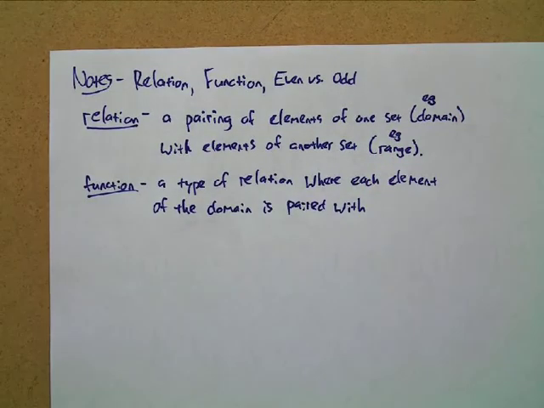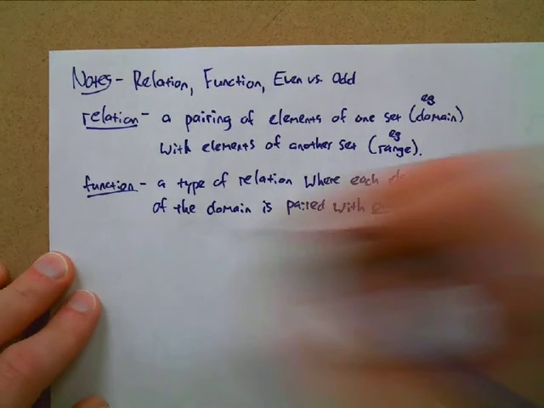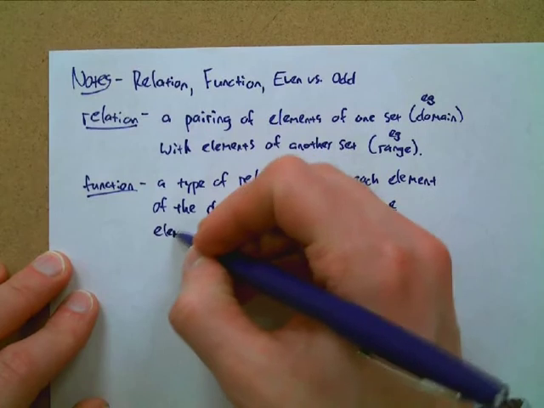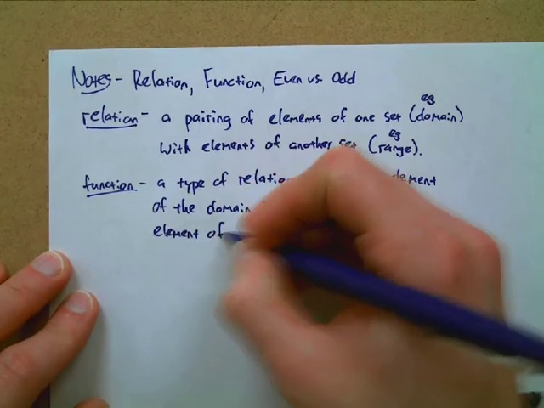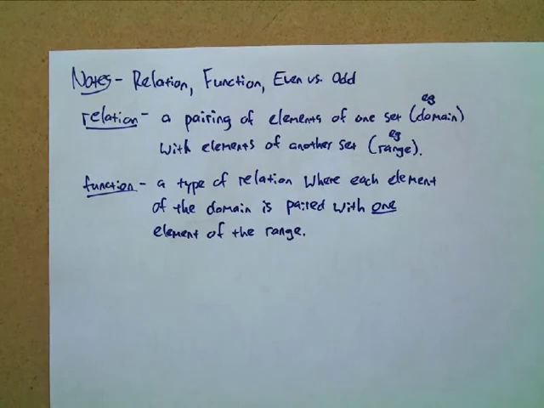One. That's right. With one element of the range. A type of relation where each element of the domain is paired with one element of the range.